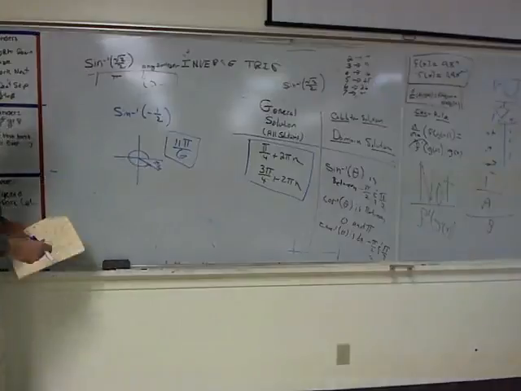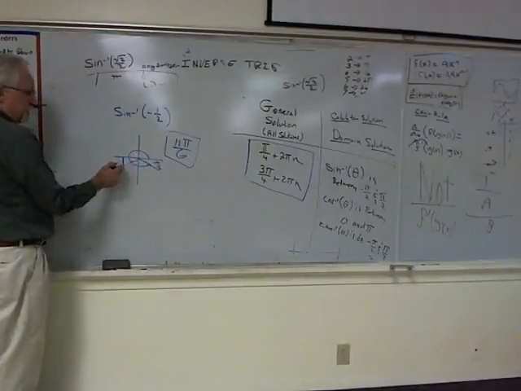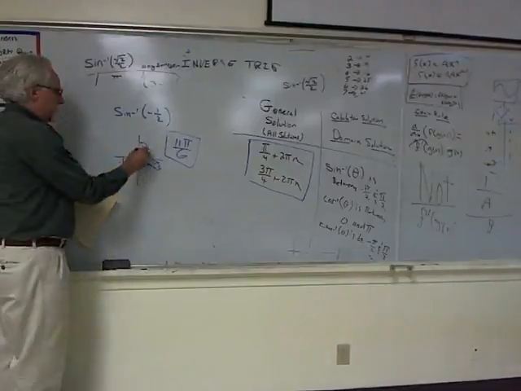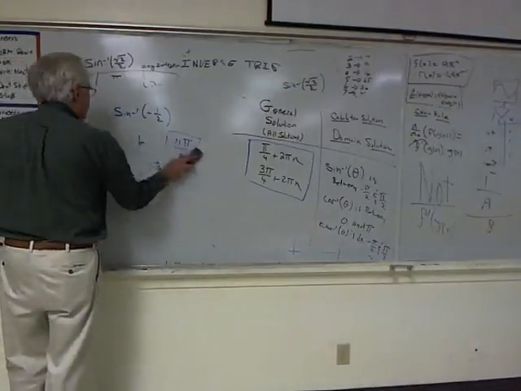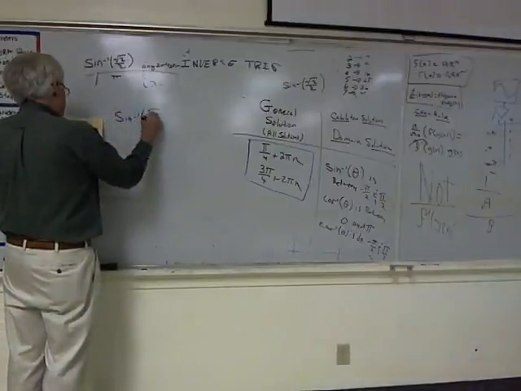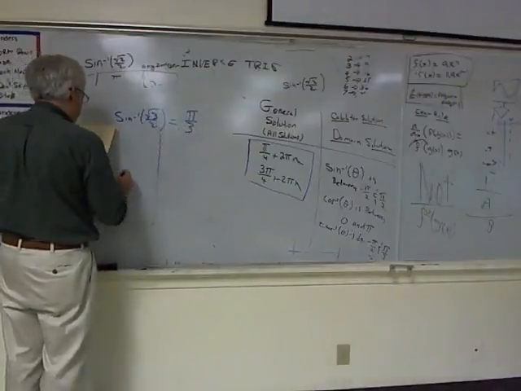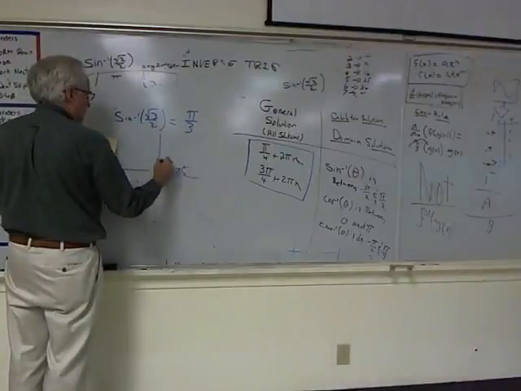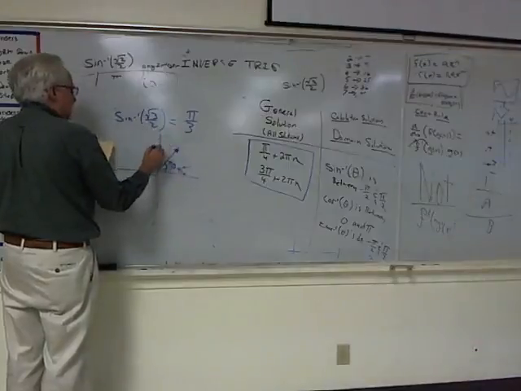Quadrant 1, 2, 3, 4. Sine inverse wants quadrant what? Minus pi over 2 is the bottom, and pi over 2 is the top. So what it wants is between there and there. So that's quadrant 1 and quadrant 4.